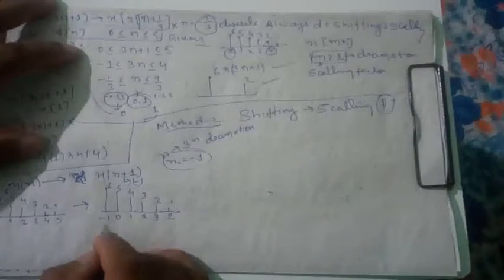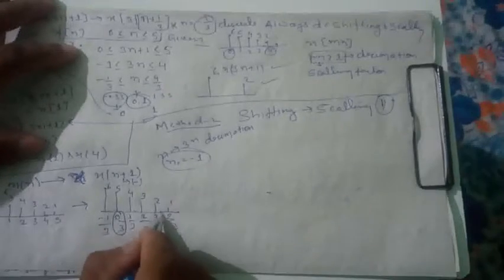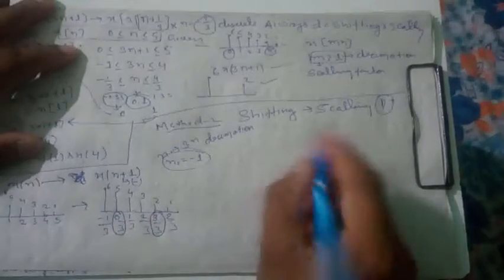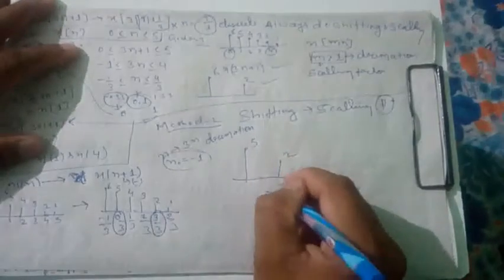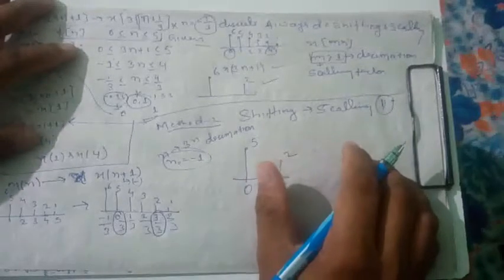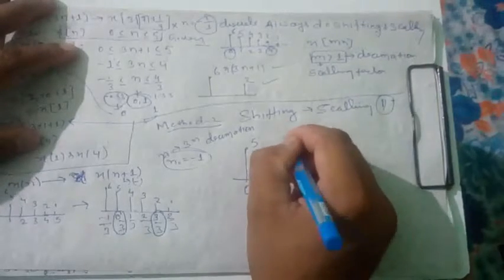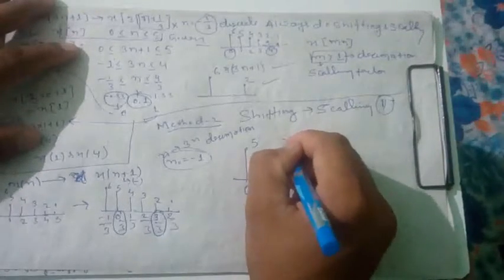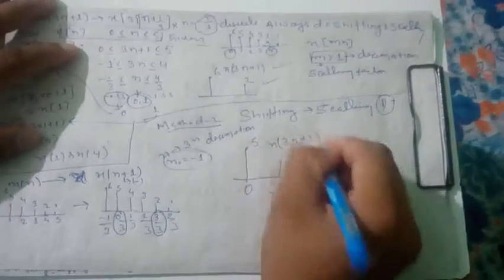Now divide the whole by 3. Which value do we get as an integer? So this value we get, and this value we get. So this is nothing but 3n, that is 3n plus 1 actually.